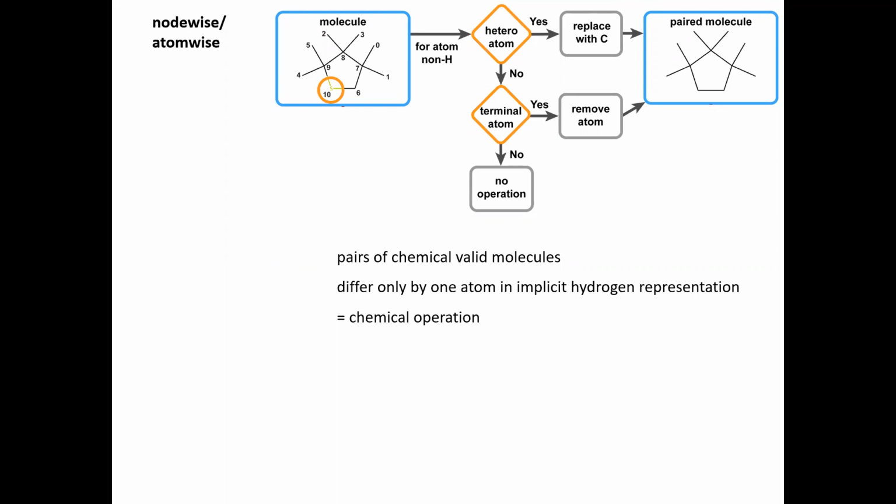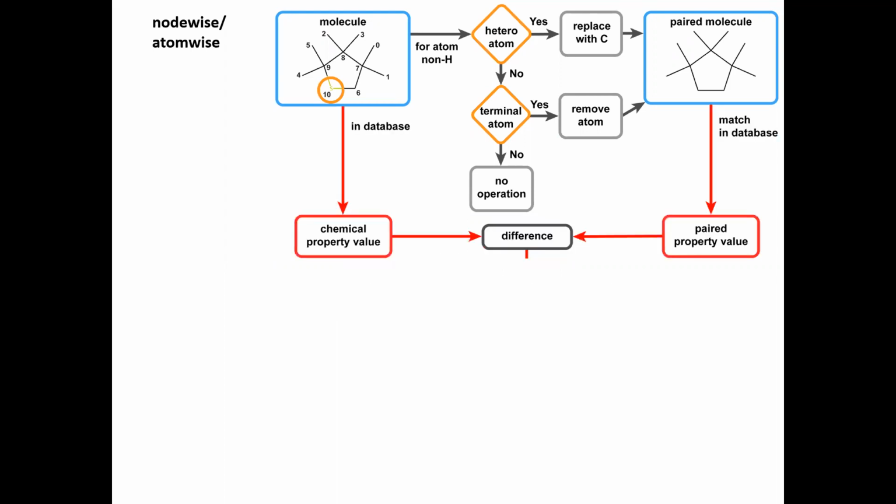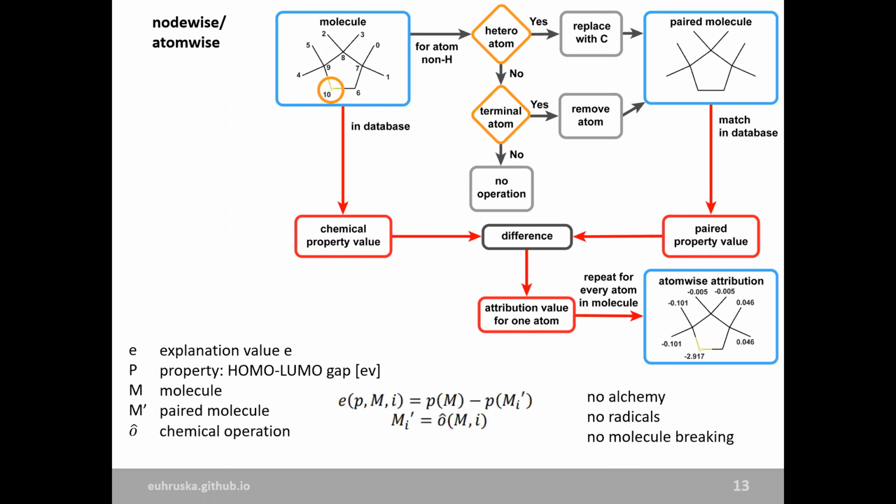So now we have a pair of molecules, and very similar to the previous approach, we have a pair of property values, and the difference of these property values for these paired molecules will give us the explanation.